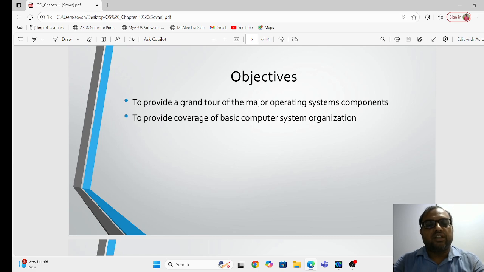If you learn this, it will be easier for your GATE exam and other competitive exams also. Students can understand what an operating system is and the objectives of operating systems.